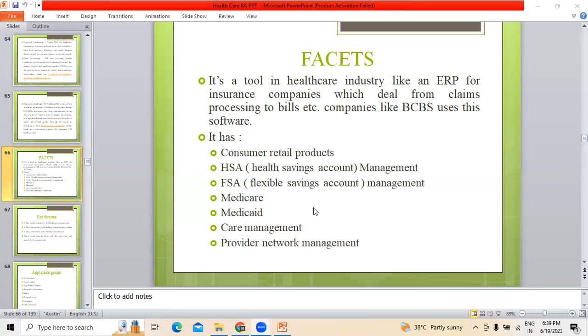Earlier, there was only one insurance plan. After that, in healthcare, based upon specialization, whether cardiology or neurology or anything else, insurance products were also designed in such a way that exclusive products are given to customers.